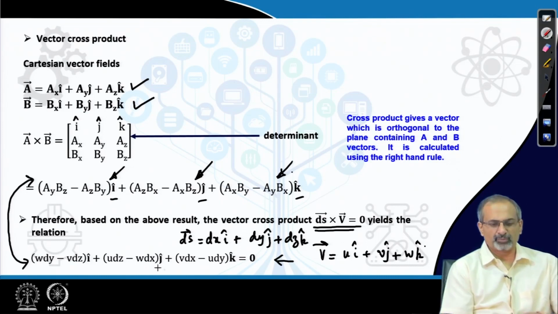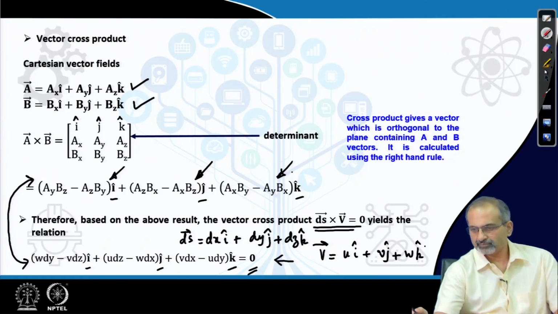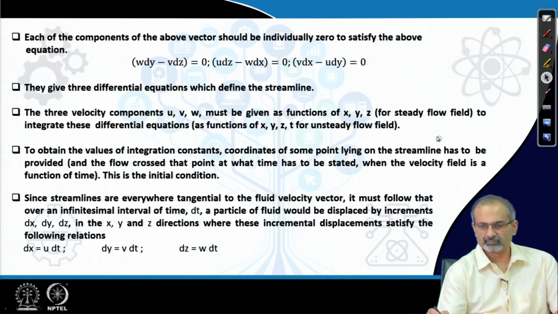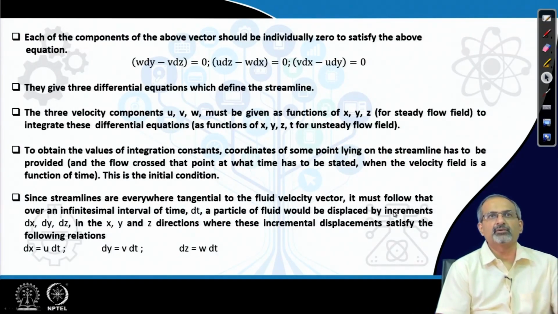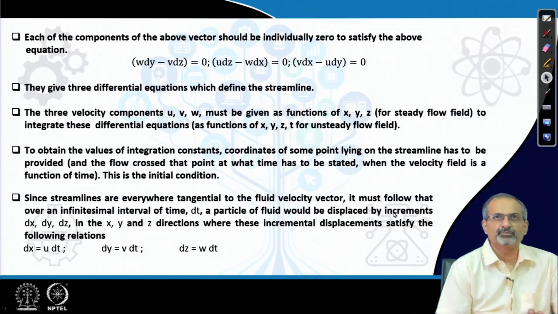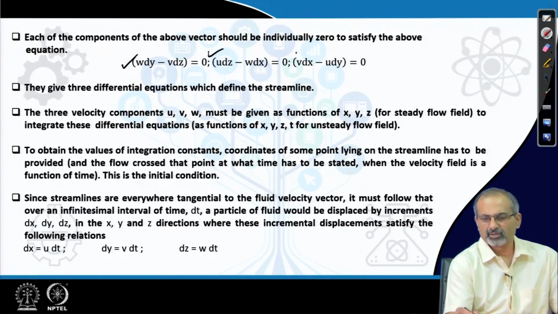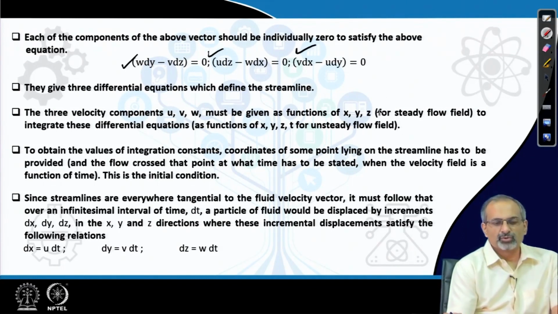So, you have 3 components here in the cross product d s cross v, and they all individually should go to 0, so that you ultimately get a 0 as an outcome. So, each of the components of the above vector should be individually 0 to satisfy the equation. So, we have written the components here. So, they give 3 differential equations which define the streamline.